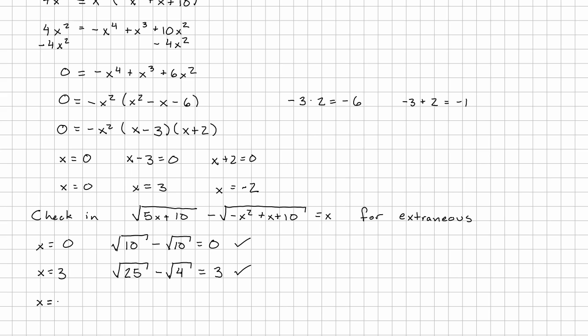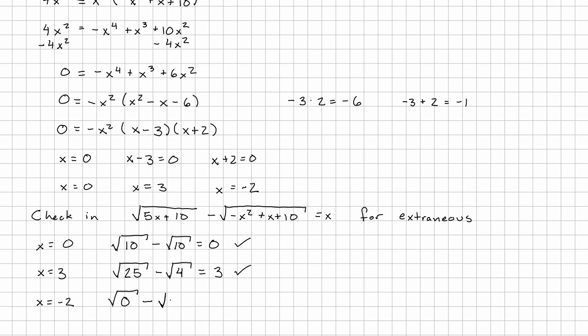Finally, when x is negative 2, well, let's see. 5 times negative 2 is negative 10 plus 10 is 0. Negative 2 squared is 4. Make it negative, that's negative 4. Minus 2 is negative 6.